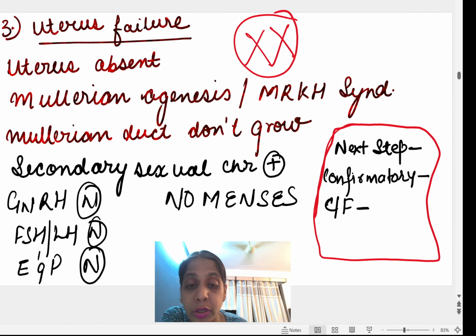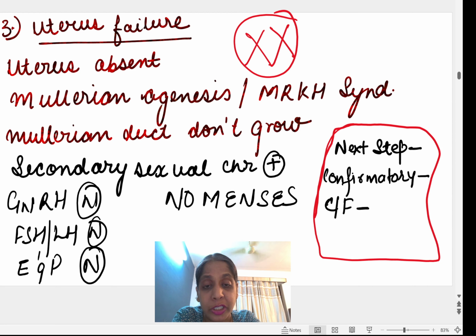Uterus transplantation is happening in medical science in some hospitals, but it is still not affordable to all. So either we will tell the patients to get their uterus transplanted, or if they can't afford those surgeries, then there is no need to give hormones in these patients.